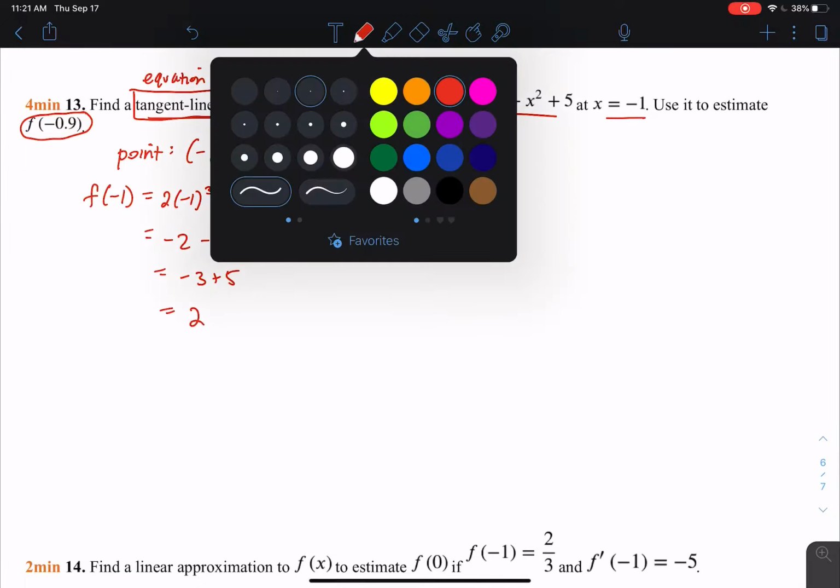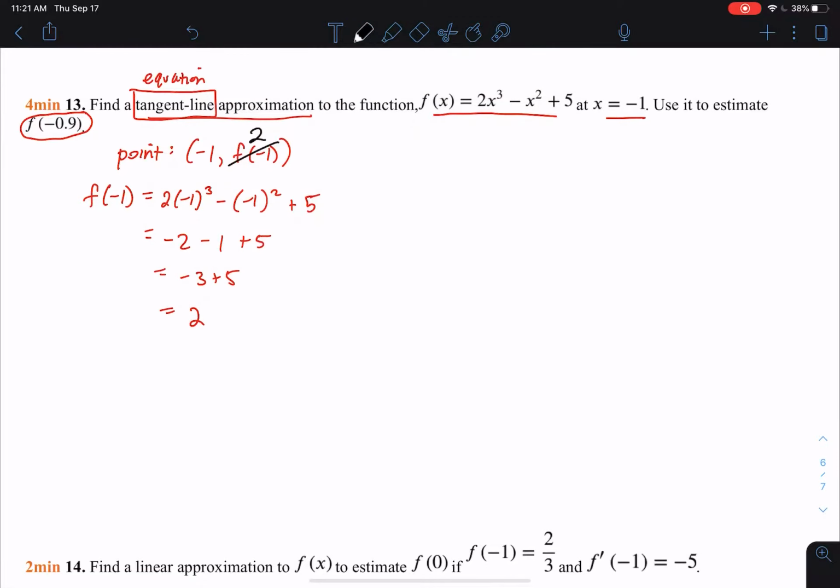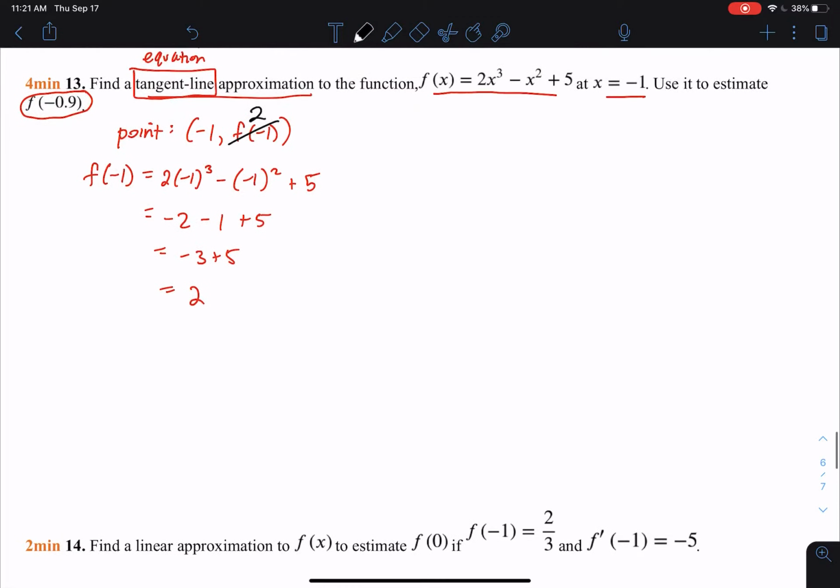I got 2. Check if you also got 2. Now let's say I make a mistake, that's fine if I make a mistake at some point. Trust your algebra and just pay attention to the calculus. So that's our point.